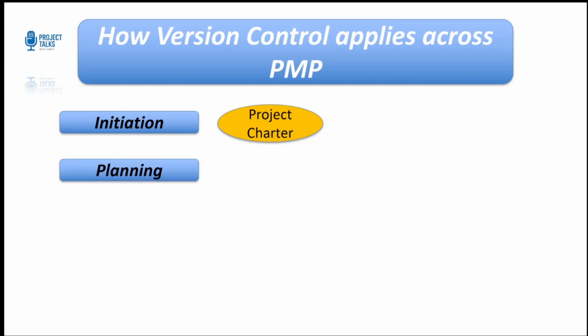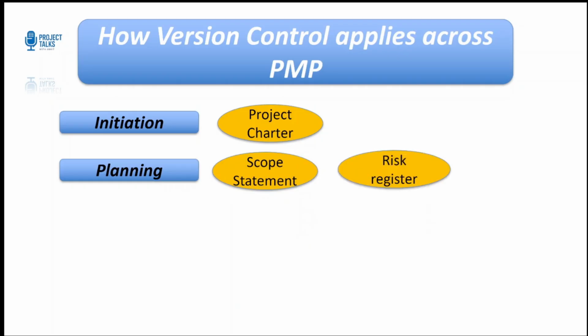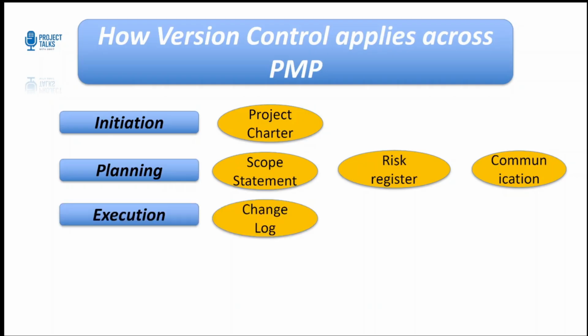Moving to the planning phase, version control helps manage evolving documents such as the scope statement, schedule, risk register, and communication plan, keeping all stakeholders aligned on the latest approved version. During execution, it is used to track updates to the change log and deliverable tracker, making sure that any changes are properly documented and versioned.